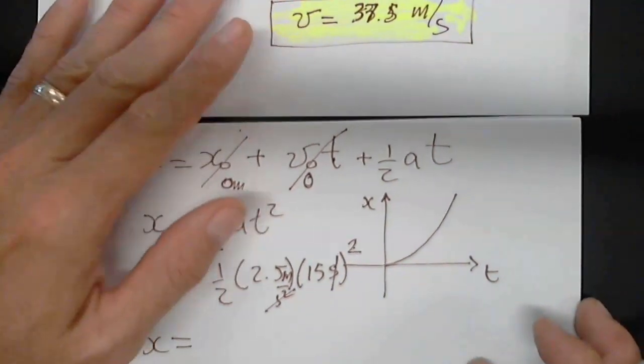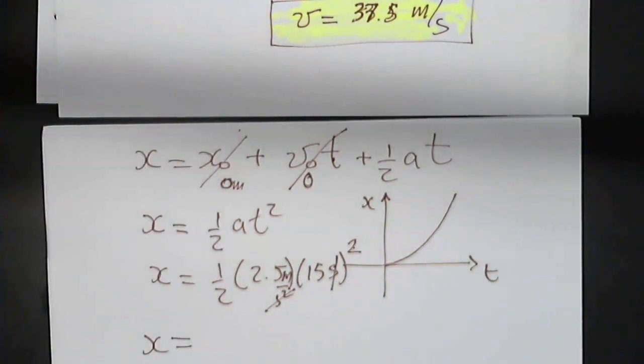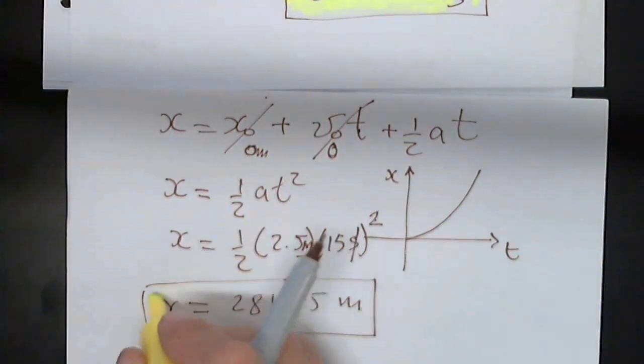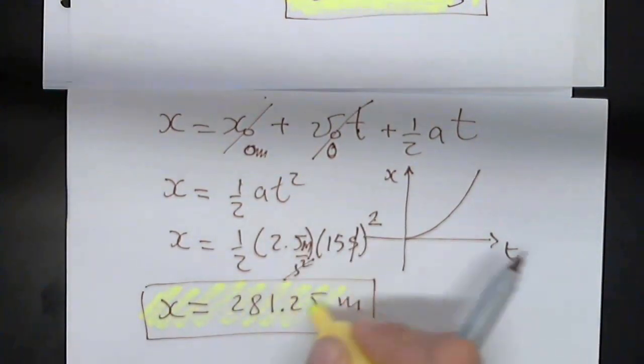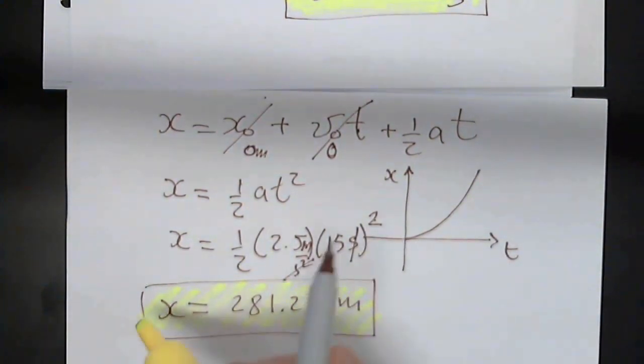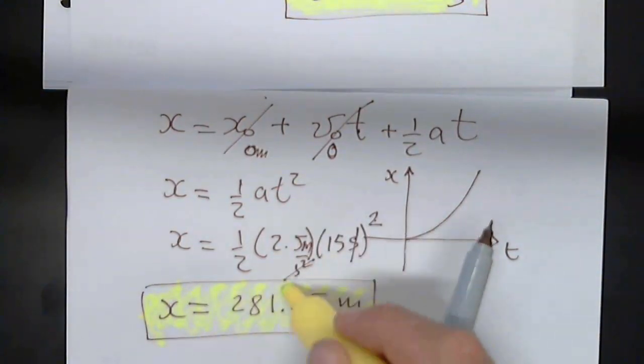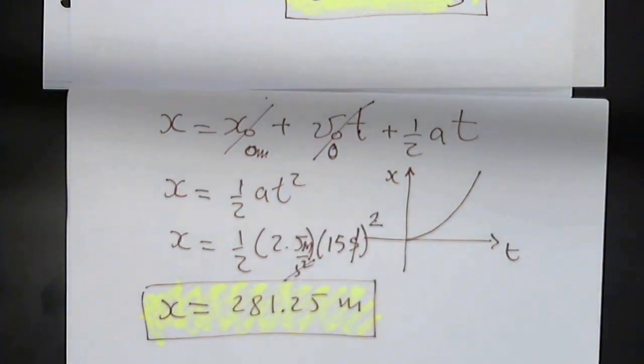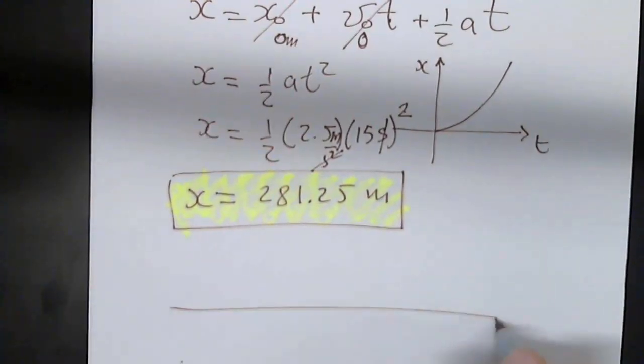So where is the train located 15 seconds later? 280 meters away. Okay, so we have the situation.